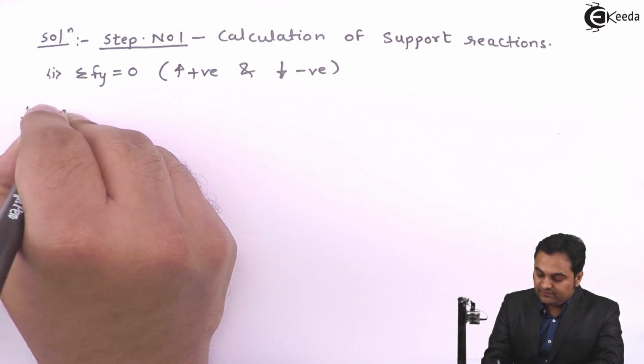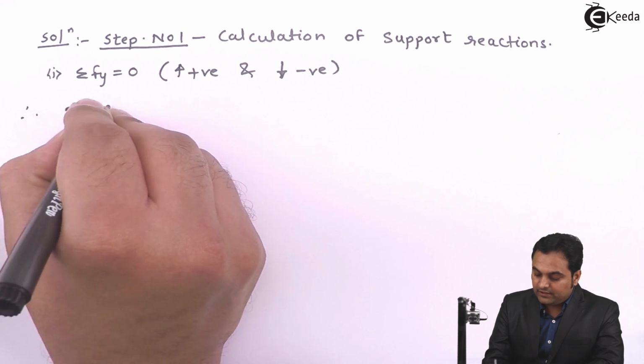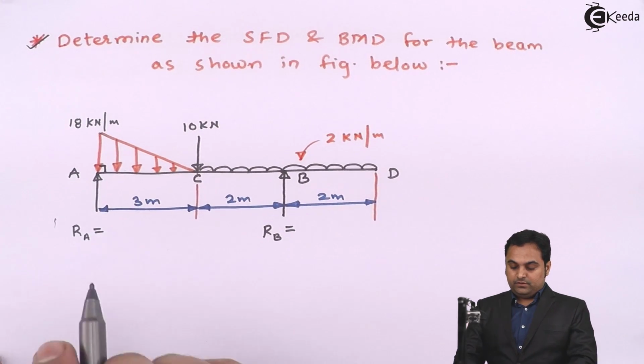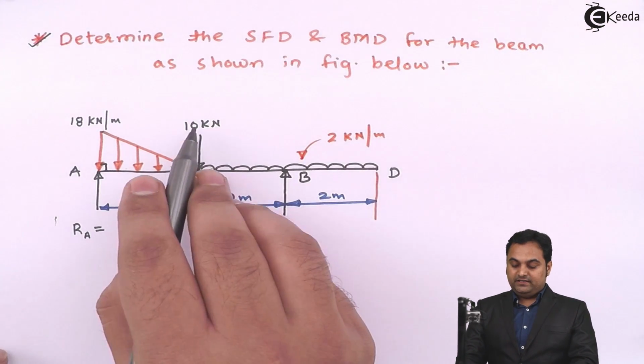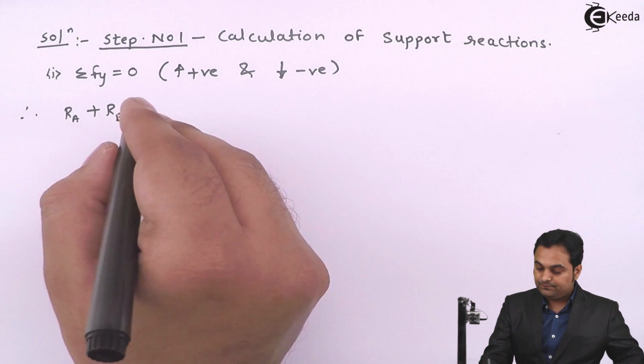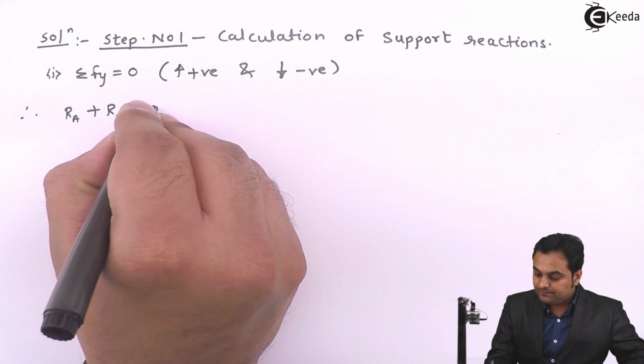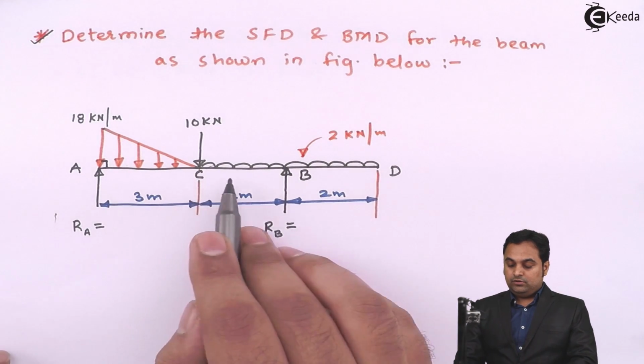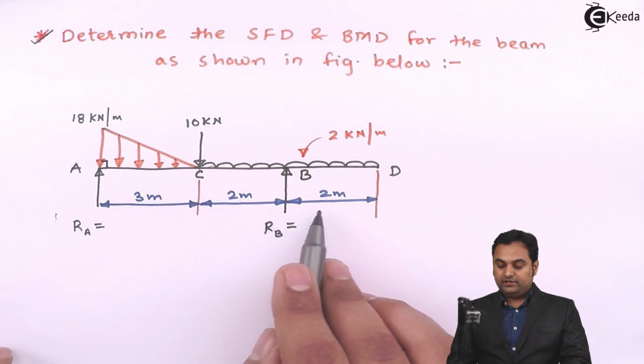So RA plus RB, they are upward forces. Then minus 10, it is acting downward. Next, there is UDL of 2 kilonewton per meter over a length of 4 meters.